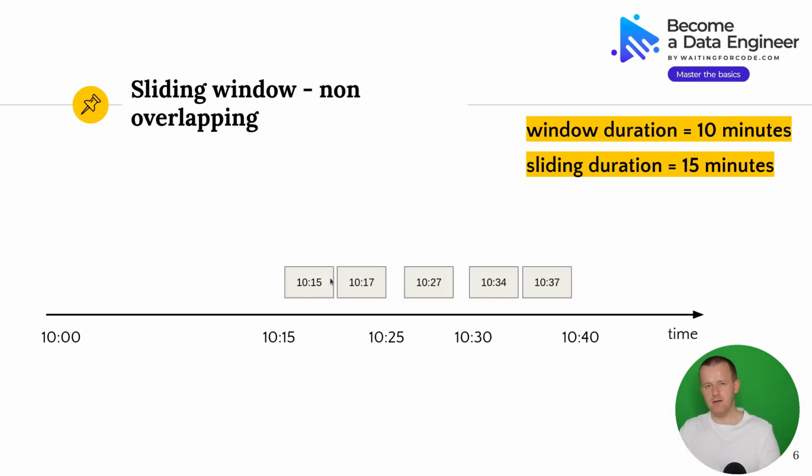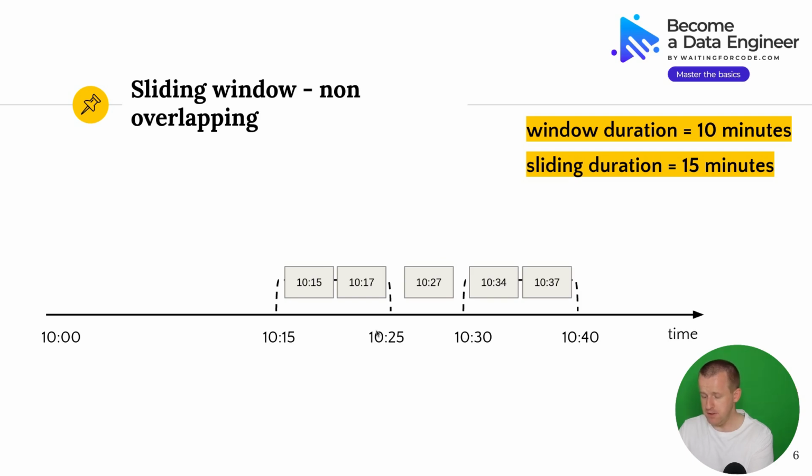There is also another variation of the sliding window where you can lose data, because here the sliding duration is bigger than the window duration. So here we create windows every 15 minutes for windows of 10 minutes. So we have the window created at 10:15 until 10:25, and later we have a window for 10:30.